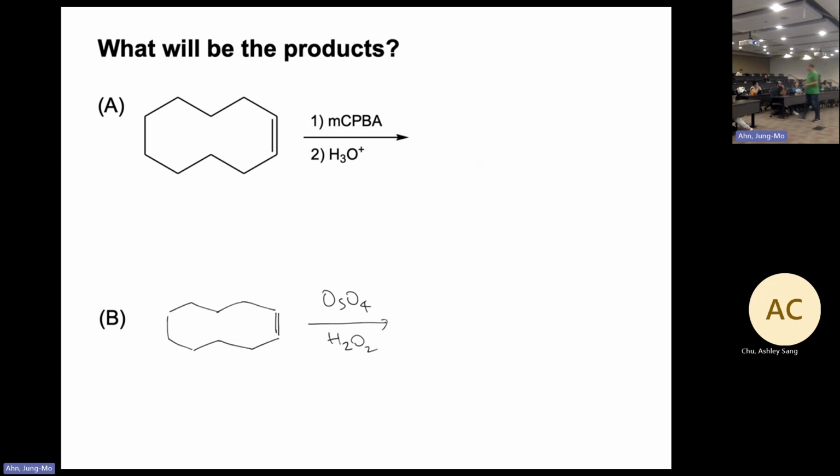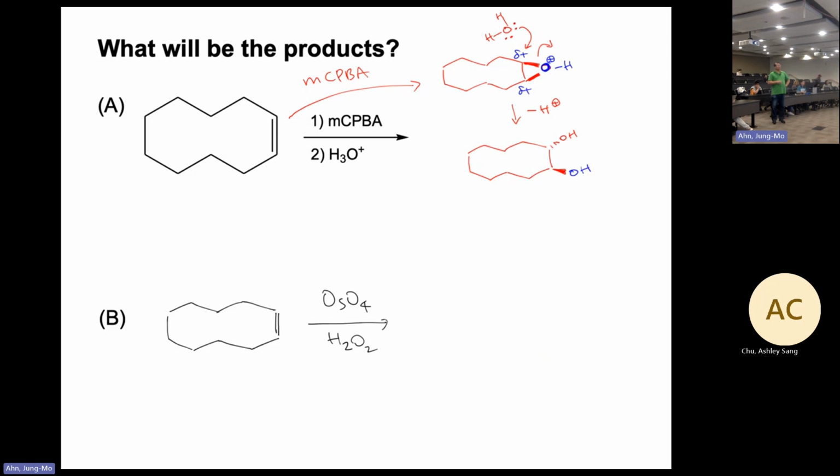Anyway, this is the kind of thing I want you to know for epoxidation and opening it up. But I also want you to know the difference between these two. This one is what we just talked about: making the epoxide and opening it under acidic conditions, then you get the trans diol, as we just discussed. What about that one, right? Osmium tetroxide and hydrogen peroxide, these reagents will put the two OH groups on the same side.